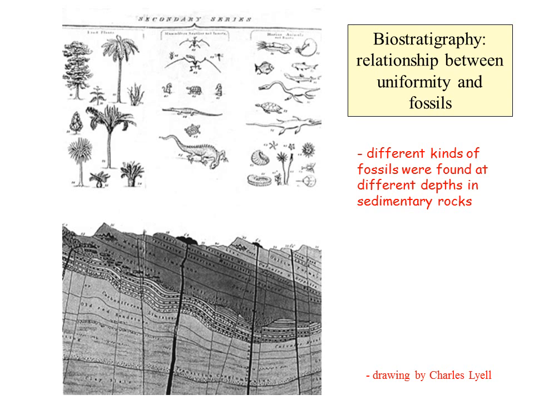In this picture, we're looking at sketches from Charles Lyell's book showing strata of rock at the bottom, and at the top drawings that he made of different types of organisms, both plants and animals, that he found fossilized in these rocks.